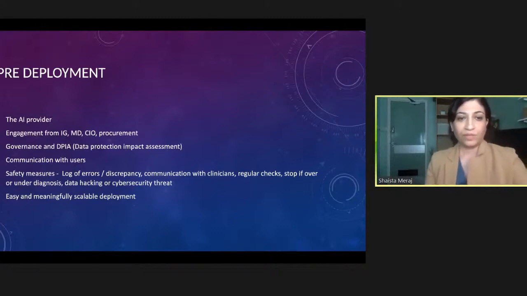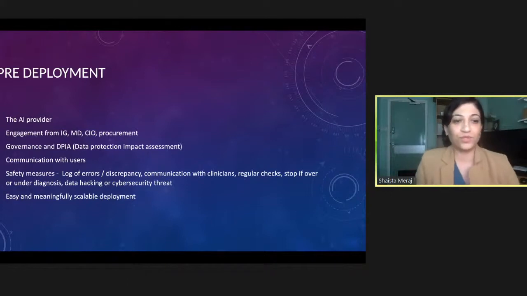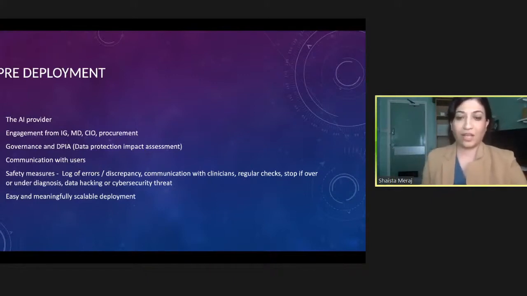So pre-deployment, these are the points to consider, and this is a lot of work. So we need to carefully select an AI provider with a good track record and peer-reviewed publications. They should be adaptable to accommodate the needs of radiologists and must align with hospitals' policies and vision. At this stage, it's useful to refer to the principles and code of conduct by the Department of Health and Social Care.